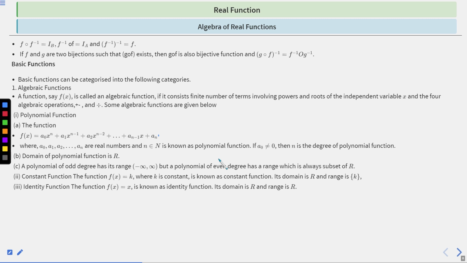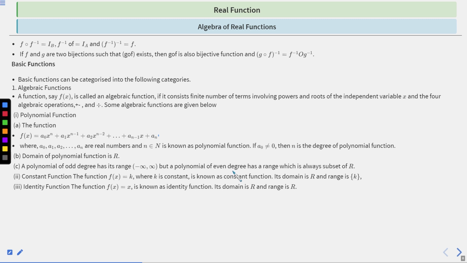If a0 is not equal to 0, then n is the degree of the polynomial function. The domain of a polynomial function is R, right? A polynomial of odd degree has range minus infinity to infinity, but a polynomial of even degree has a range which is always a subset of R, right?